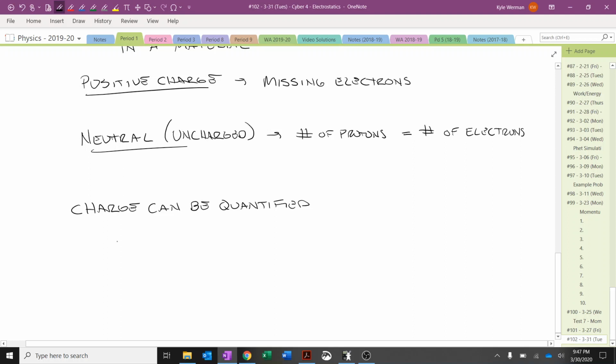And that unit is called the coulomb, named after a scientist. And we use capital C as the abbreviation. And a coulomb is a standard unit for charge. It's the metric standard.